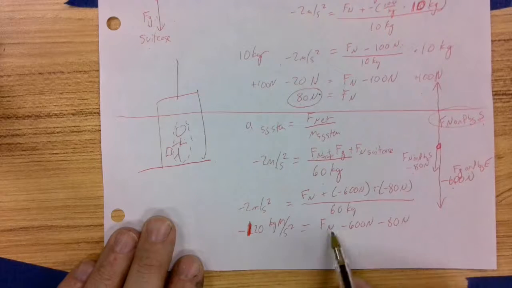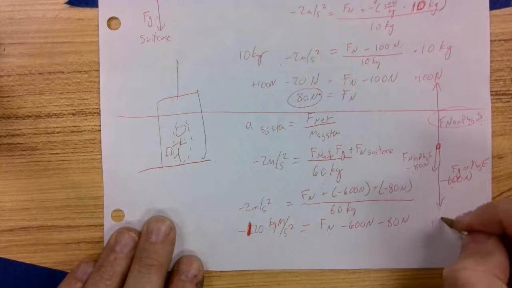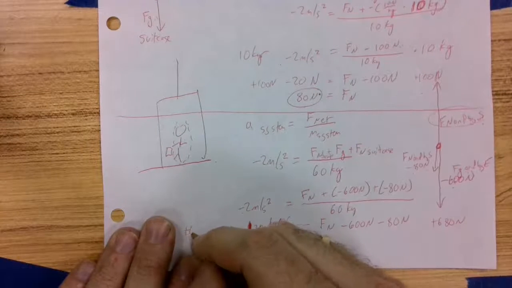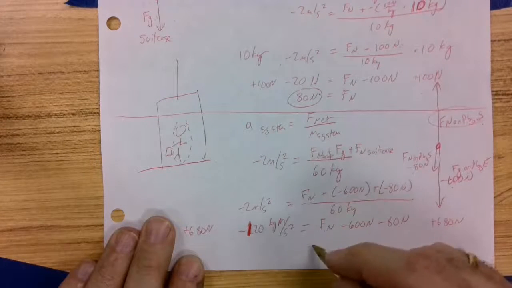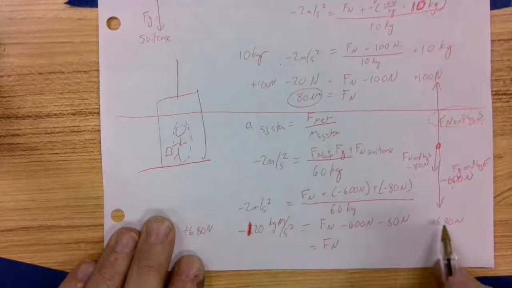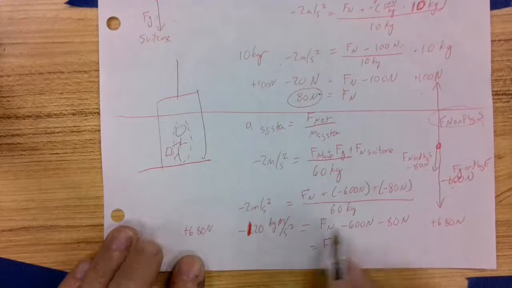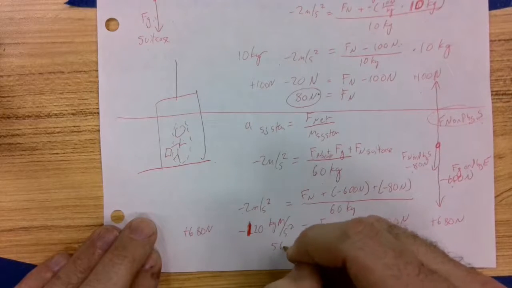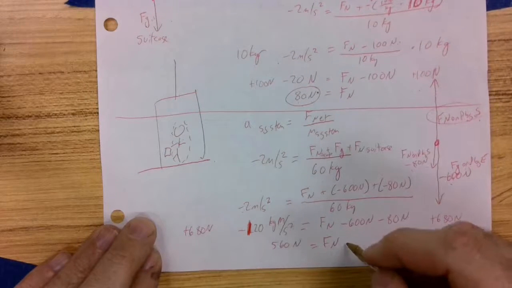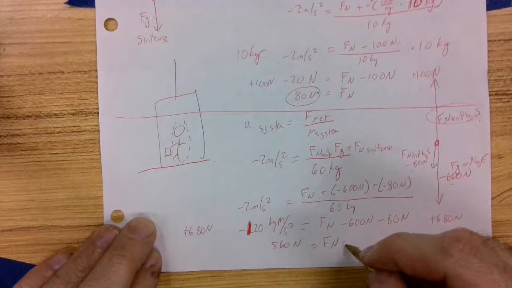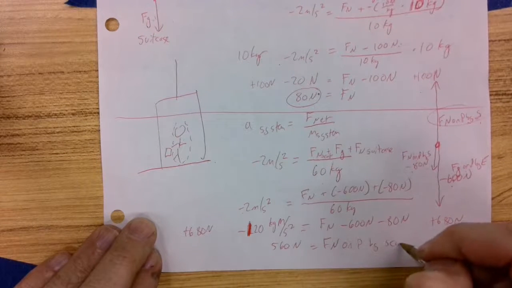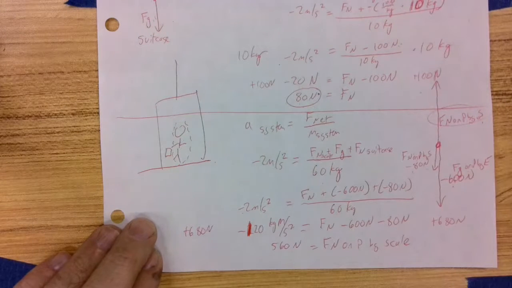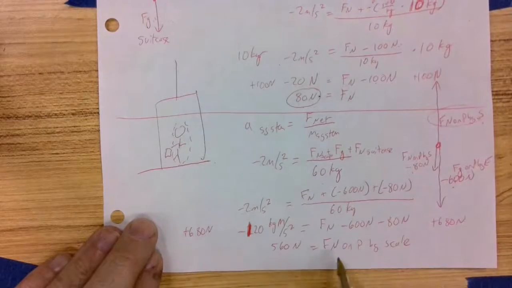Now I'm going to add 680 newtons to both sides. So 680 newtons cancels off these two. Positive 680 minus 120 gives me 560. And that's the normal force on person by scale. Okay, great. 560 newtons on person by scale.